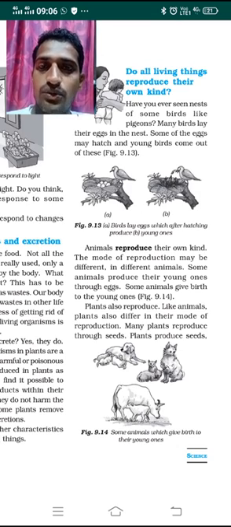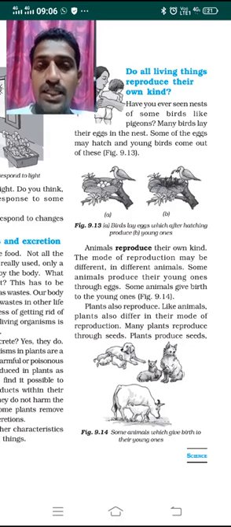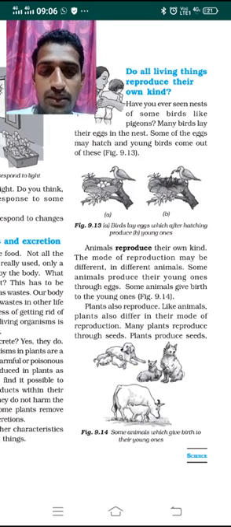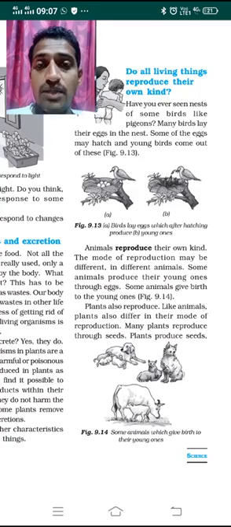So there are two kinds of reproduction in animals. Plants also reproduce like animals, but by different methods. Different plants reproduce by different modes of reproduction. Most of the plants reproduce through their seeds. After plants produce the seeds, those seeds germinate and grow into a young plant.